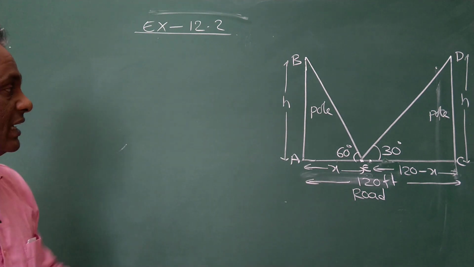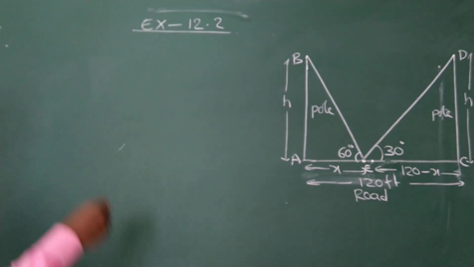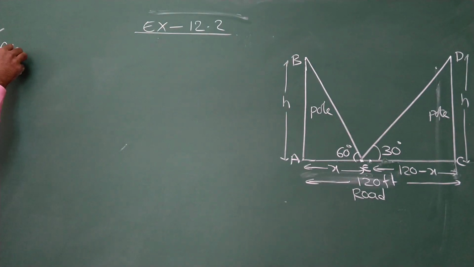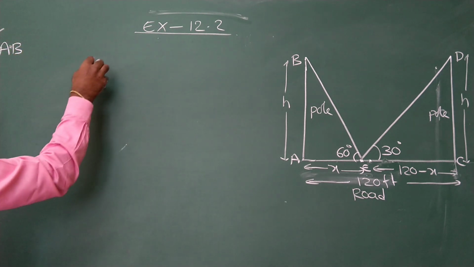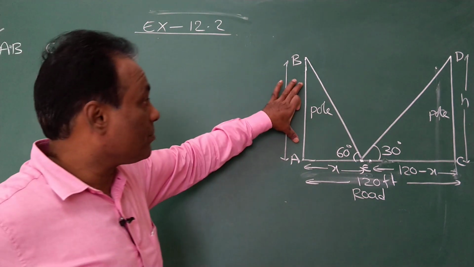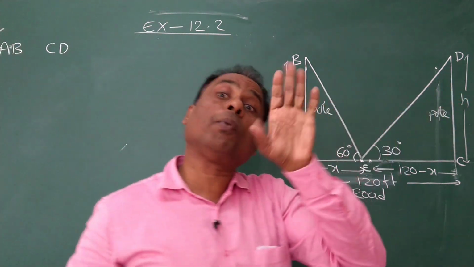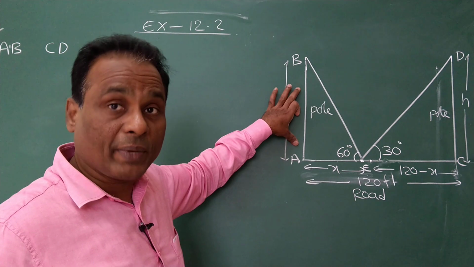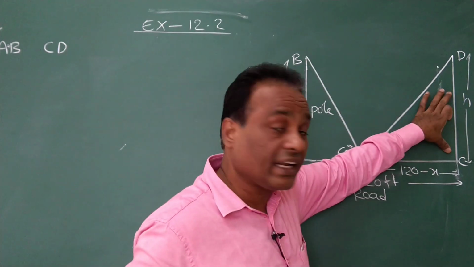Write down. Let AB, CD be the poles. What is this AB? Pole. What is this CD? Pole.